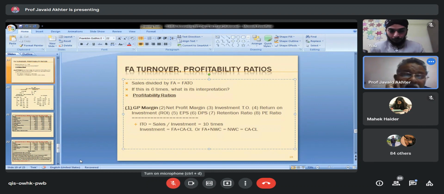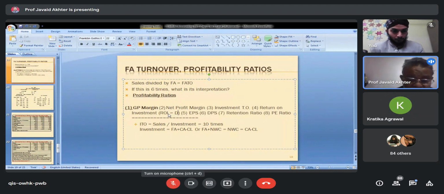So investment turnover. Then you have the next ratio, return on investment. Return on investment is popularly known as ROI in short. It is also known as DuPont analysis. Why is it known as DuPont analysis? Any idea what this DuPont is?